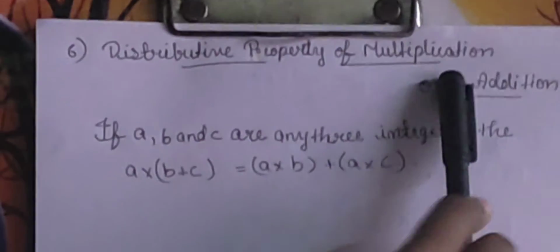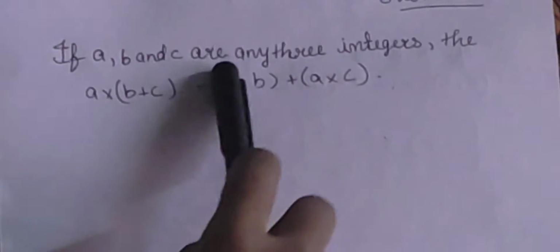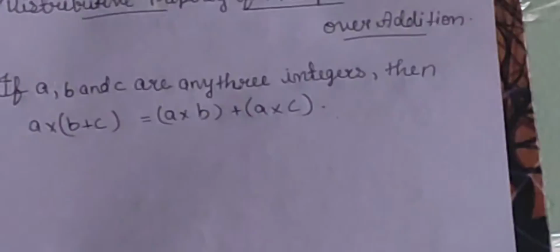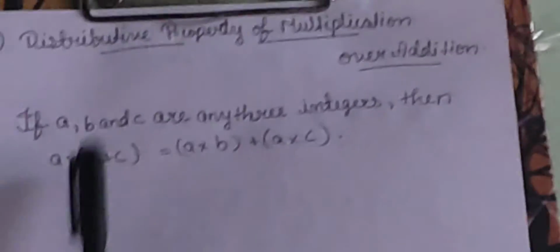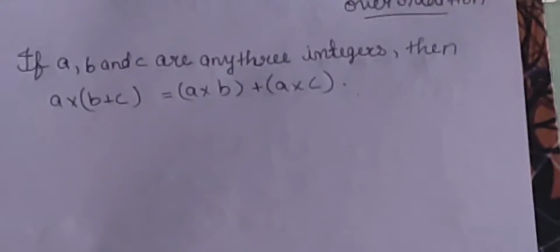Sixth one, distributive property of multiplication over addition. If a, b and c are any three integers, then a into b plus c is equal to a into b plus a into c.